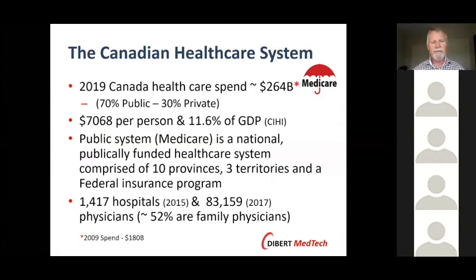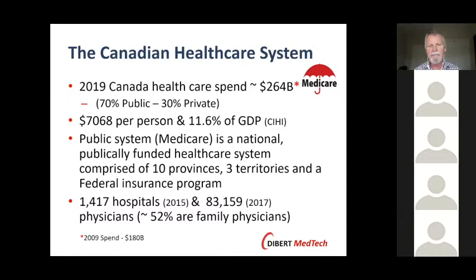So we've got $7,068 per person, or 11.6% of our GDP. This is CIHI data. If you're looking for health spending information or health trends, CIHI data is always very, very useful.